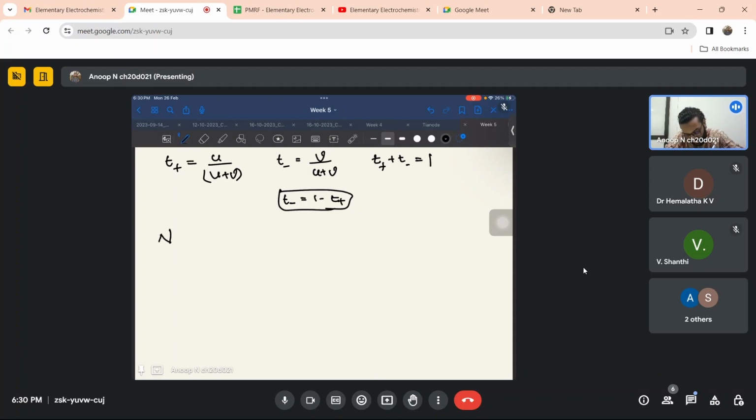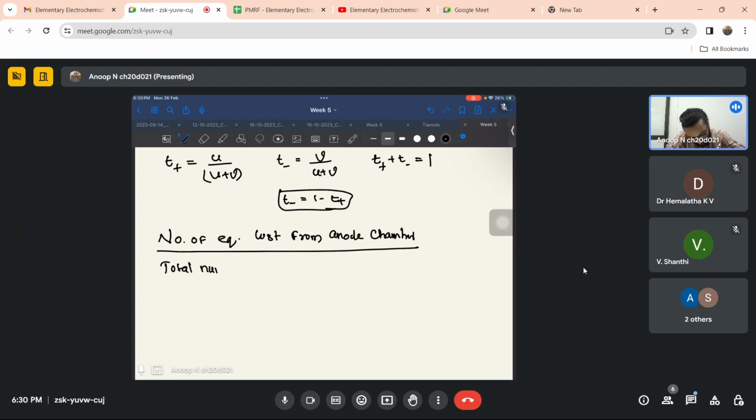I'll define the transport number as the equivalent lost from the anode chamber divided by the total number of equivalent lost from the two chambers, which is nothing but u by u plus v, which is nothing but t plus.